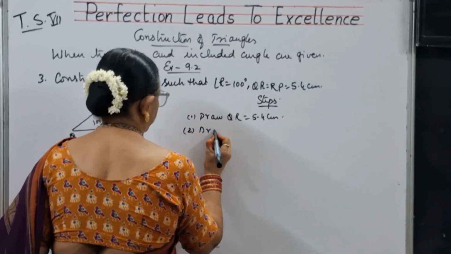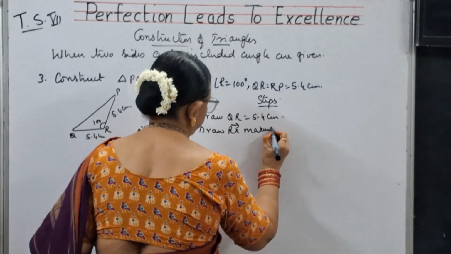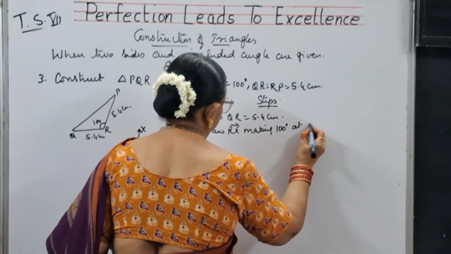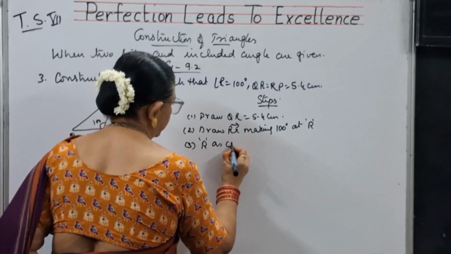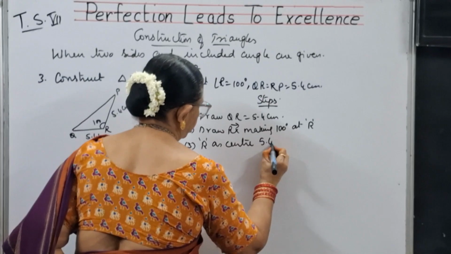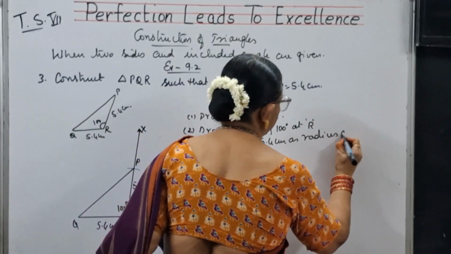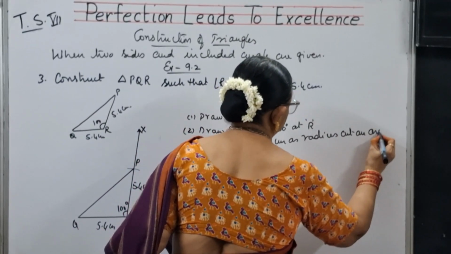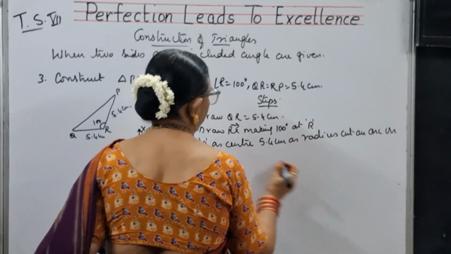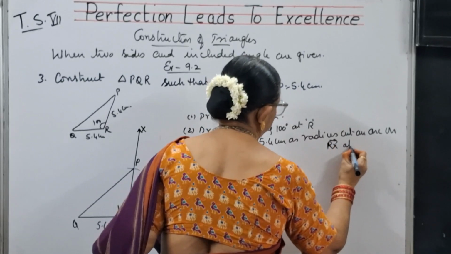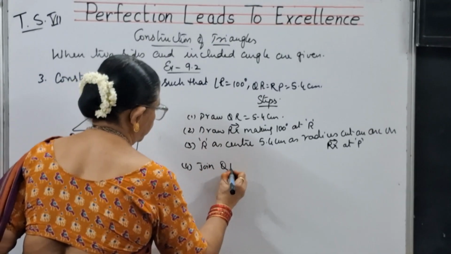And second one, draw R X-ray making 100 degrees at R. Next, third point, R as center, 5.4 centimeters as radius, cut an arc on this R X-ray at P. Next, fourth point, join QP.